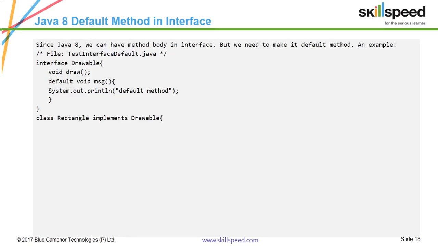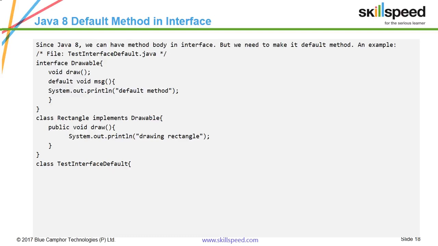Class rectangle implements drawable, which contains the implementation for the draw method: public void draw, System.out.println("drawing rectangle"). And I have a class TestInterfaceDefault which contains my public static void main, where I am creating the object for the rectangle class using Drawable d = new Rectangle(), and I am calling the methods d.draw and d.message.